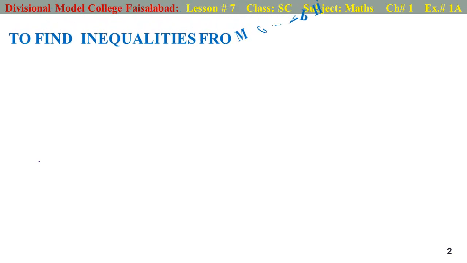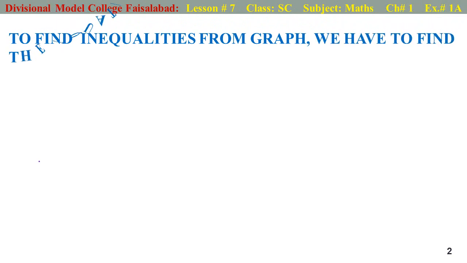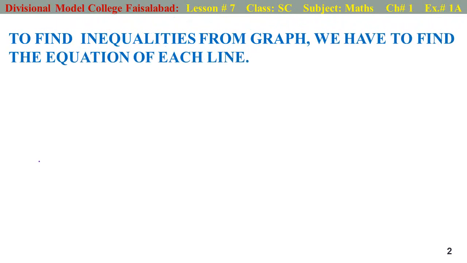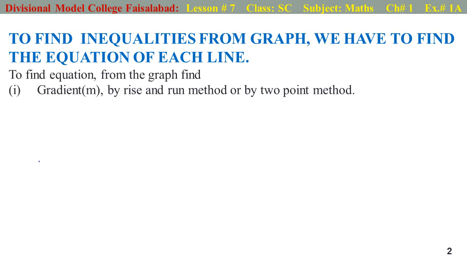So to find inequalities from the graph, we will find the equation of each line and then replace the sign of equality by the sign of inequality, as we did in the last lesson.